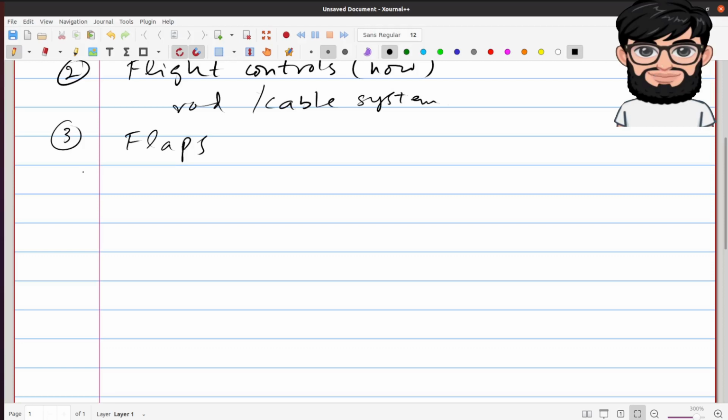They are movable panels on the inboard trailing edges of the wings, and they can extend down. The purpose is to permit a slower airspeed and a steeper angle of descent during a landing approach. That's what the flaps are used for.